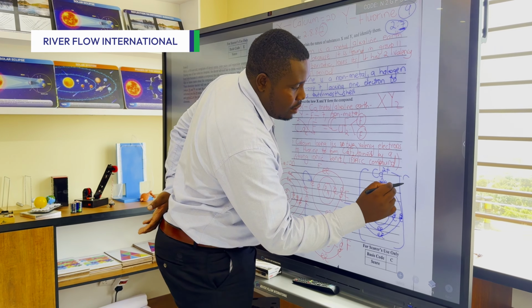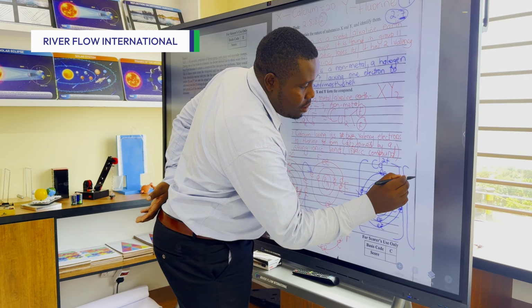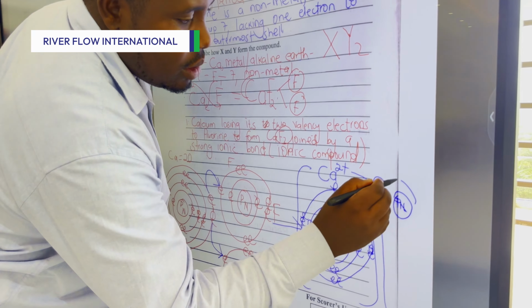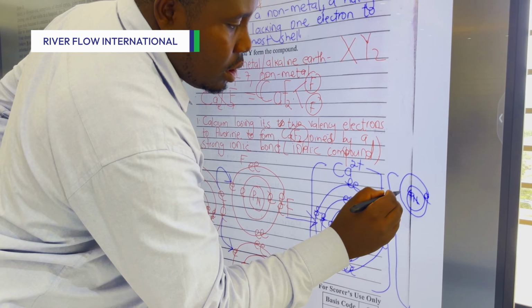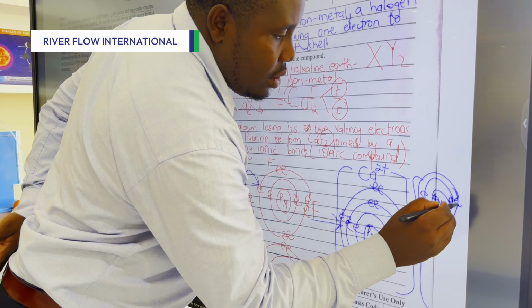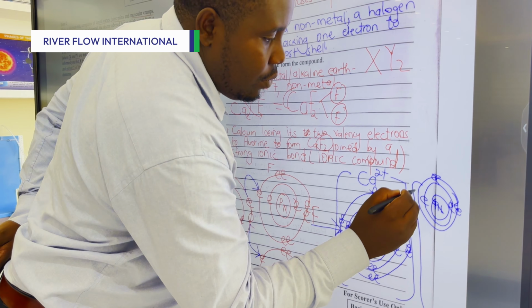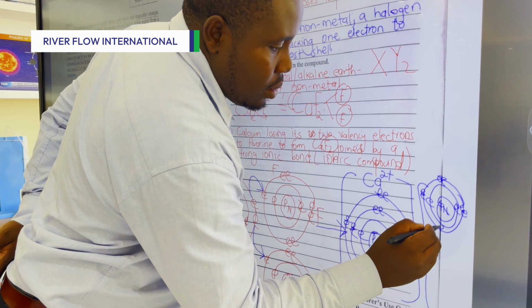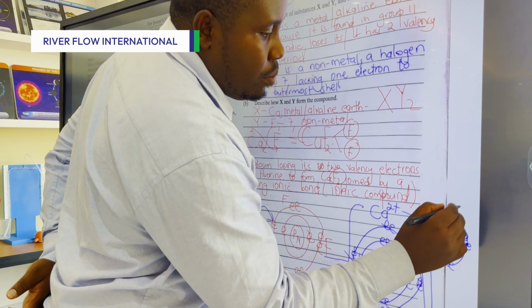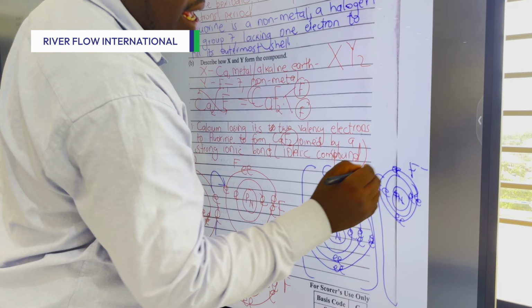Then I also have these 2 which have been formed. 1 calcium, protons and neutrons. Now I'm on fluorine. These are 2. And then the last one, we'll have the outer shell also full. You get? So this one is also going to be a fluoride ion.